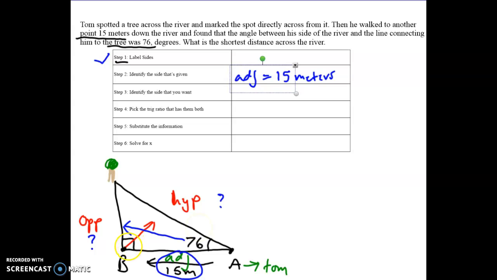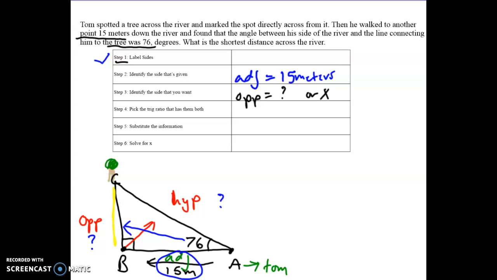We know that the line across from the 90-degree angle is our longest distance, so I'm going to put C here for the tree. We know that this point from C to B is our shortest distance. So that is the side that we want to know. Our opposite side is our unknown. You can put a question mark or you can put an X.